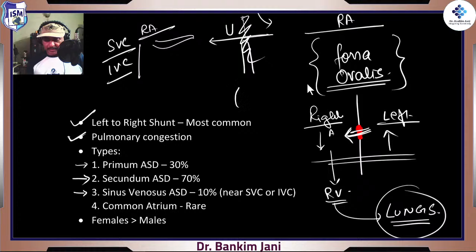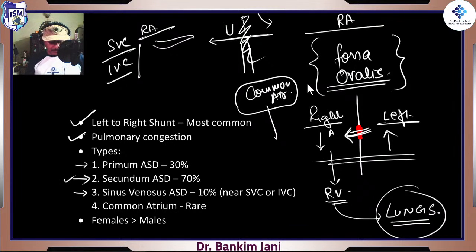So this entire chamber is acting as one only, right? No septum. So this is what is called common atrium. This entire thing is like a common atrium. Very rare. The commonest is what you see, the secundum ASD, right? More in females as compared to males.